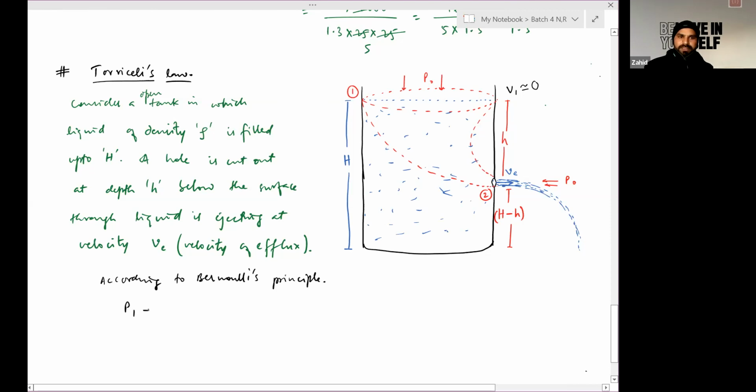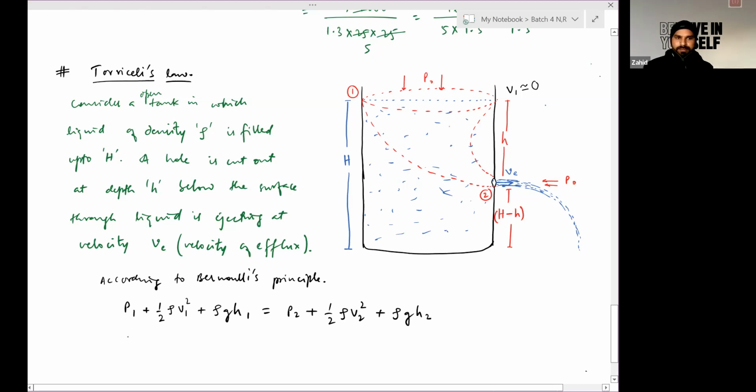P1 plus half rho V1 squared plus rho G H1 equals P2 plus half rho V2 squared plus rho G H2.